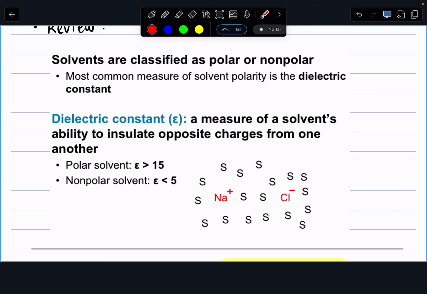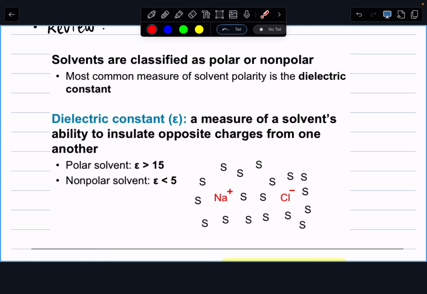And dielectric constant is a measure of the solvent's ability to insulate opposite charges from one another. So in this case, S represents solvent, and when you have sodium and chloride, the solvent will be able to separate them from one another. So a polar solvent will have a larger dielectric constant, and a nonpolar solvent will have a smaller dielectric constant.